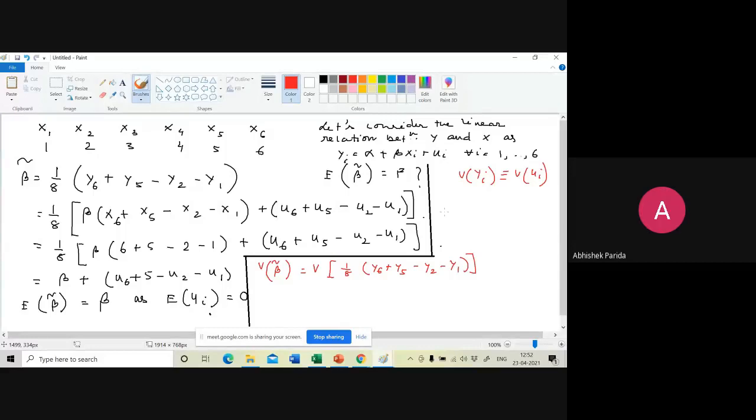Okay. 1/16 sigma square is the right answer. So it is basically 1/64 into 4 sigma square. Isn't it? Yes, ma'am. It is 1/64 into 4 sigma square.